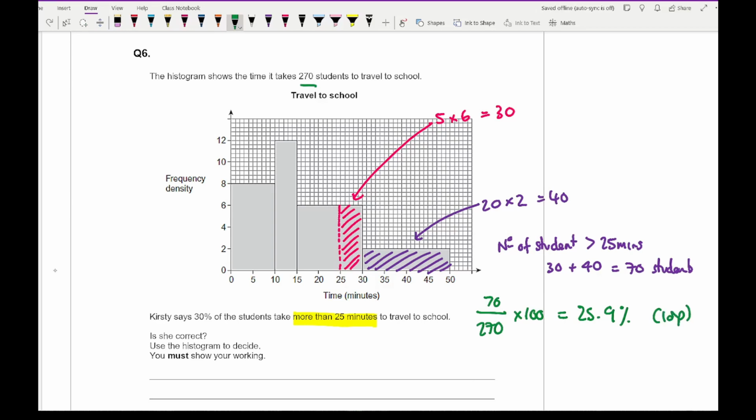So Kirsty says that it's around 30%, so is she correct? No, she is incorrect, as 26% of students take longer than 25 minutes. And there we go.